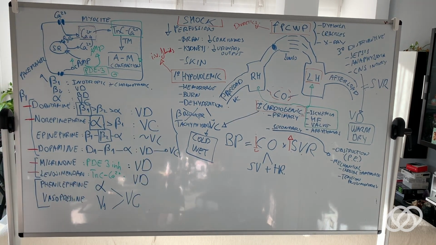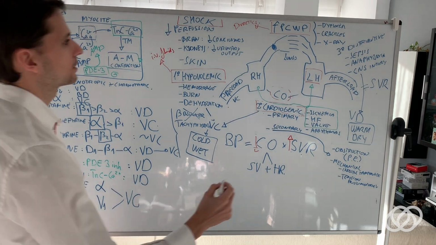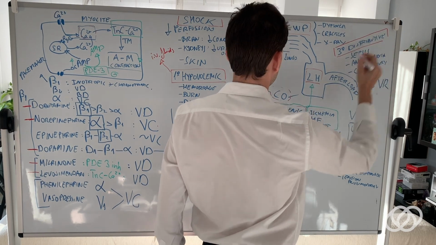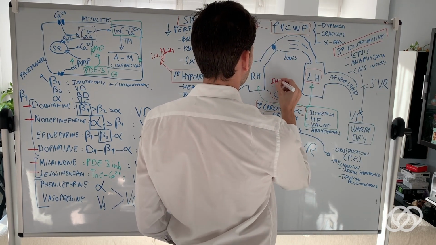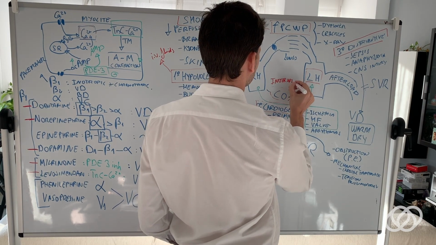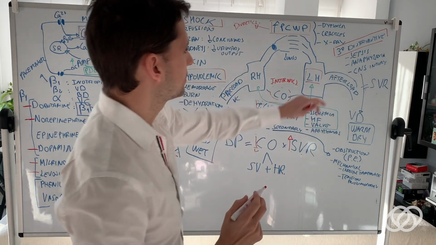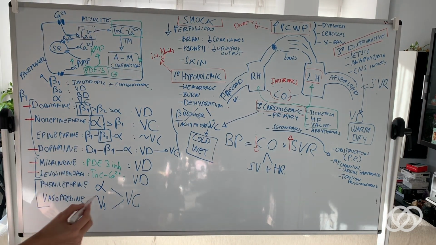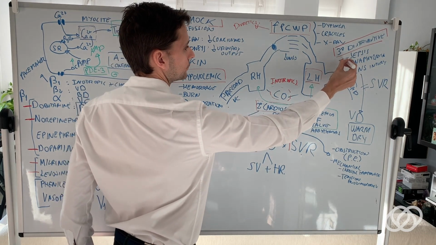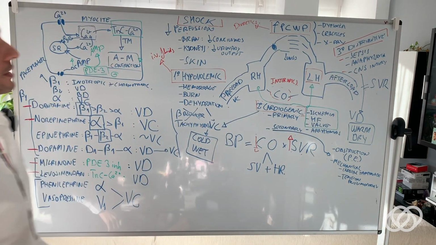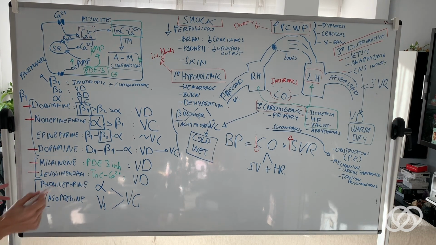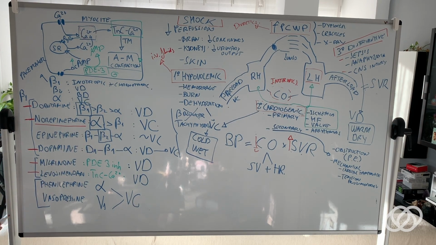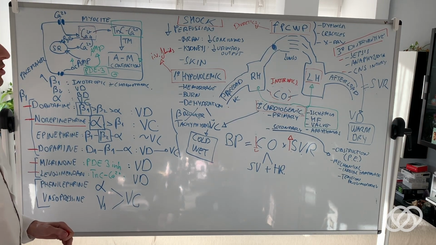Okay? And finally, if we decide that our patient has a distributive shock, depending on the cause, if the patient has sepsis or central nervous system injury, then we will probably give the patient norepinephrine. In sepsis, norepinephrine is the drug of choice.